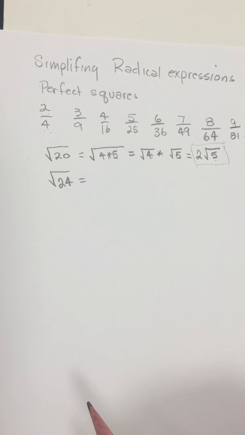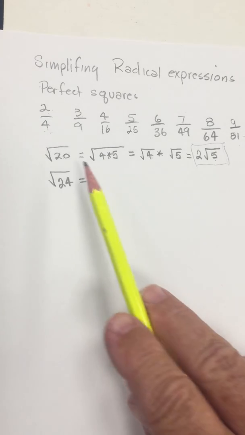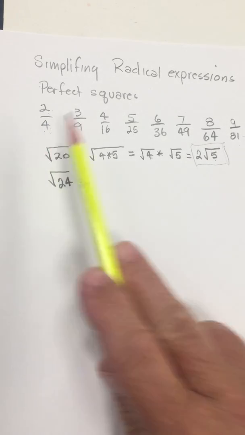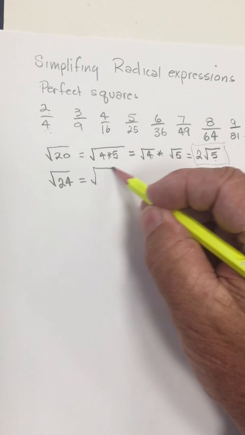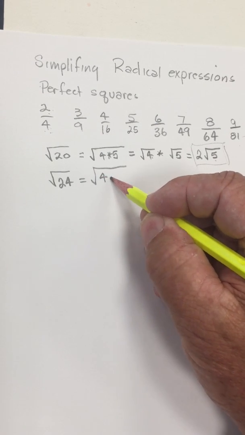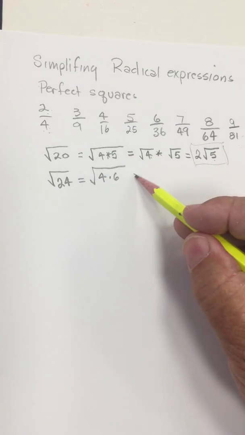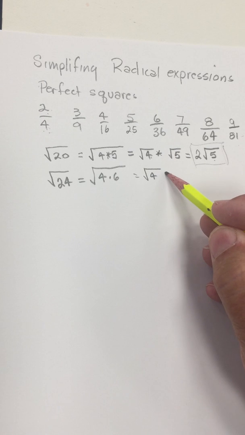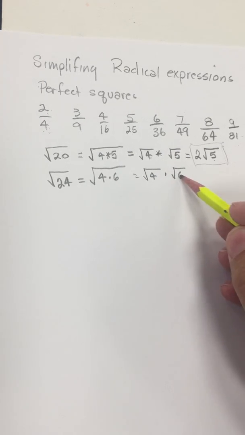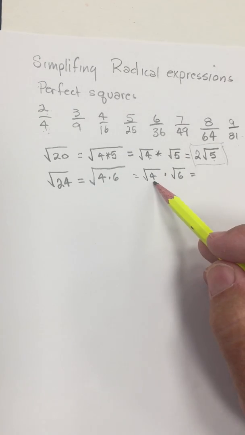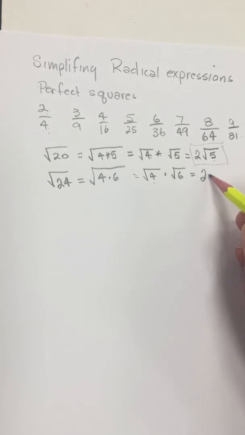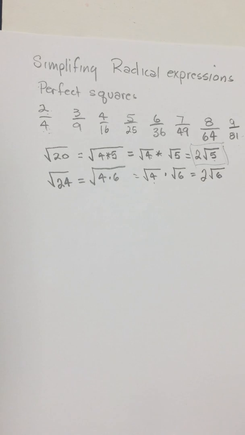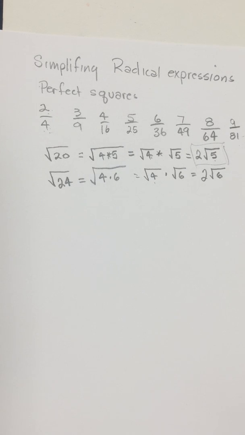Now, we can't use 1, so that wouldn't work. 4 times 6, there's our perfect square. So we just do the same thing. The square root of 4 times 6 equals the square root of 4 times the square root of 6, and that equals, again, 2 right there. So 2 times the square root of 6. That would be your answer.